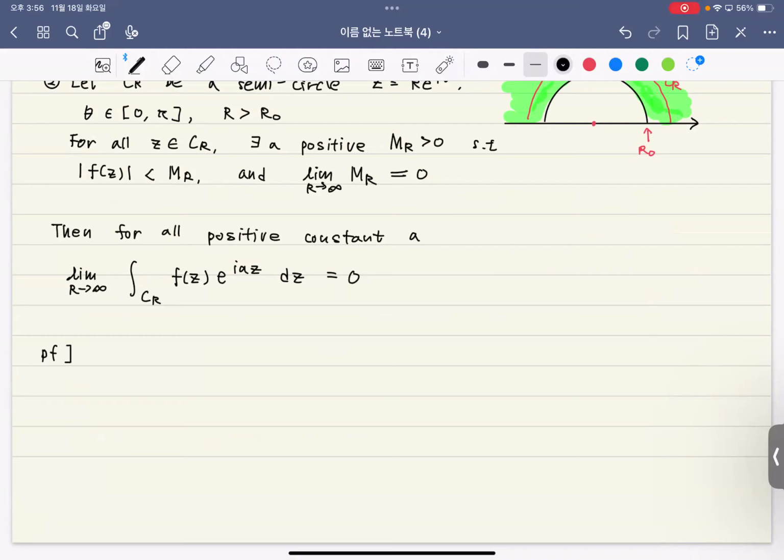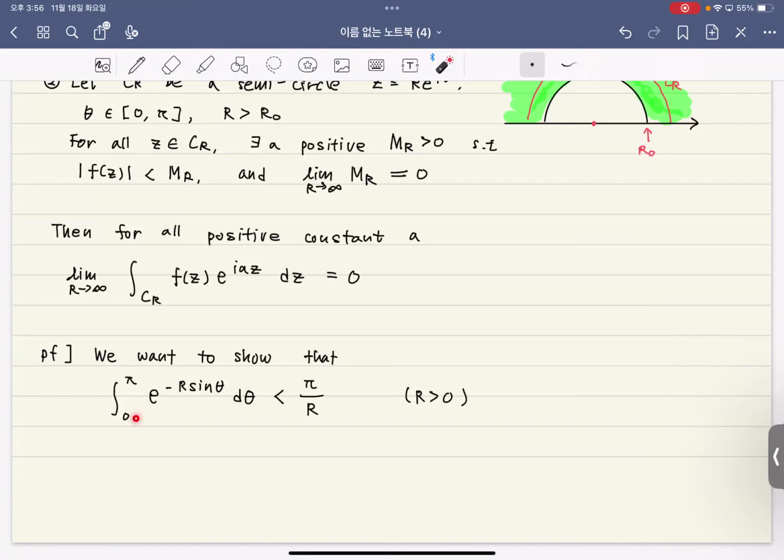First, I want to claim that for any positive real number R, we have this inequality. So this is an inequality on a real integral. This is not a complex integral, this is a real integral. Why is it true?